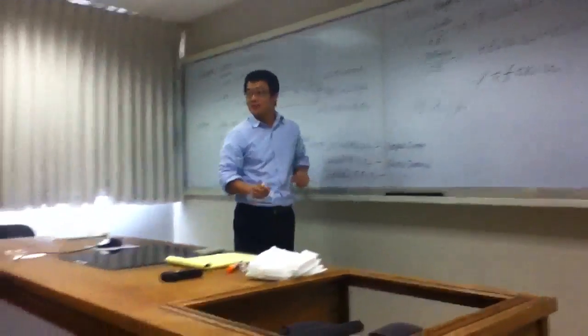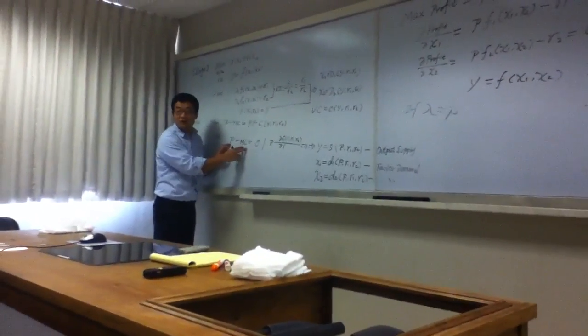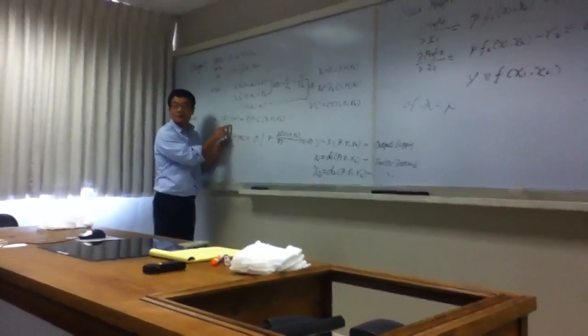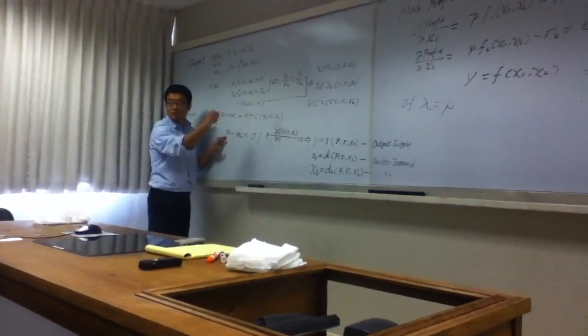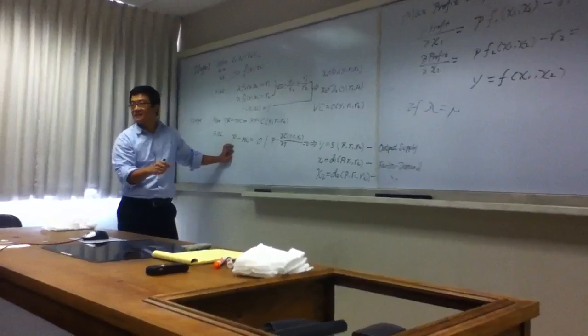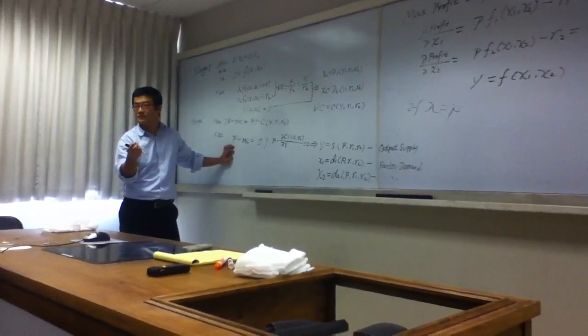But we also know if p is equal to marginal cost, cost minimization is equivalent to profit maximization. So what is lambda? Marginal cost.